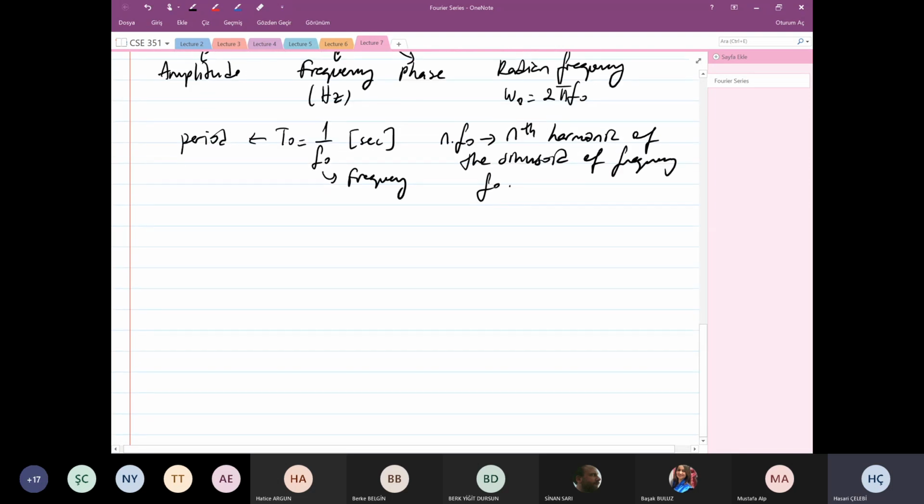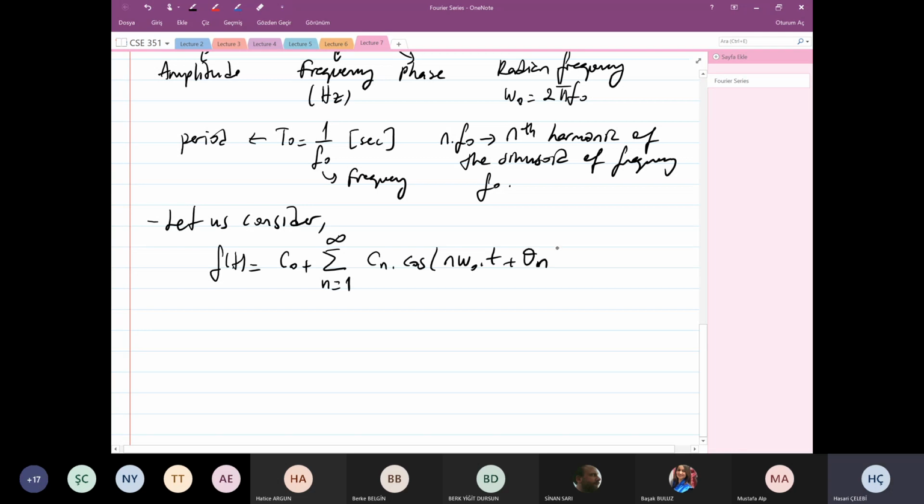Now we are ready to introduce the Fourier series. Let us consider f of t equal to c0 plus the sum from n equals 1 to infinity of cn times cosine of n omega 0 t plus theta n.